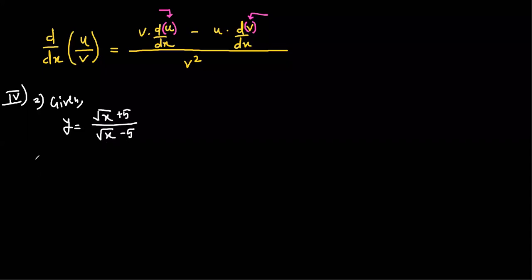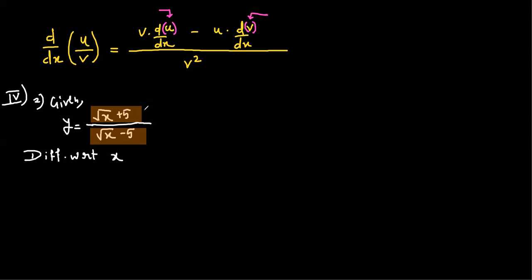I write here, differentiating with respect to x. What I notice here is that I have a numerator, which is a function of x, and a denominator, that is also a function of x, and I have division. So u upon v.